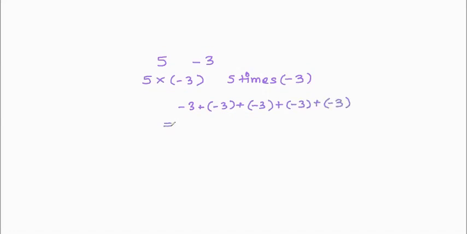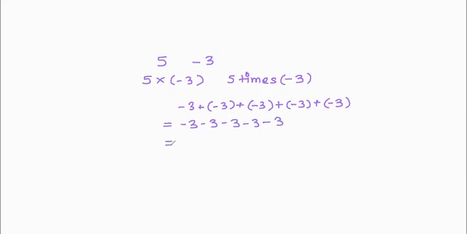We'll solve this in our usual way. Minus 3 remains the same. First let's rationalize the signs. Minus plus, different signs, always result in minus. So minus 3, minus 3, minus 3, minus 3.